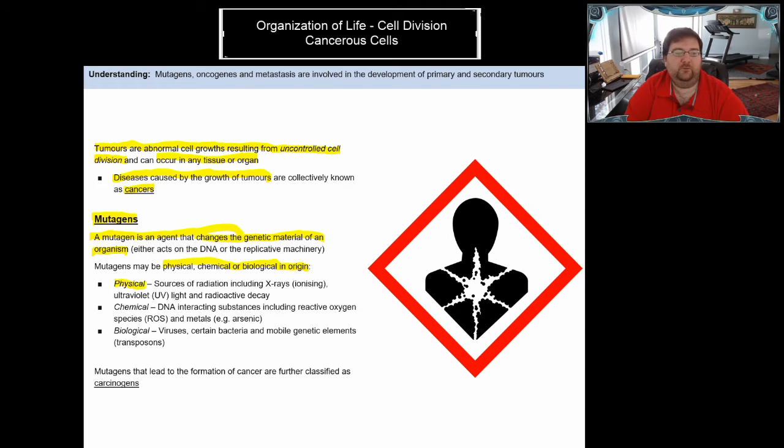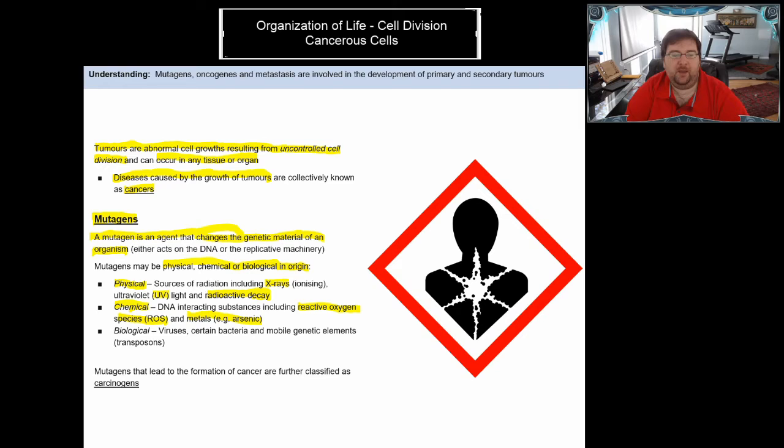When we're talking about physical mutagens, we're usually referring to X-rays, UV rays (ultraviolet rays), or radiation, so radioactive decay. Chemical origins usually involve reactive oxygen species (ROS) and metals.